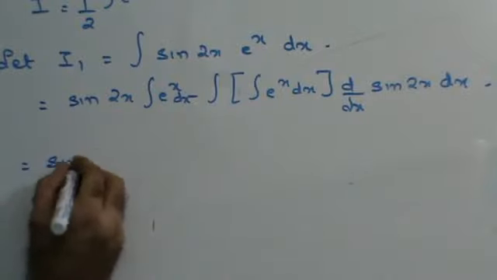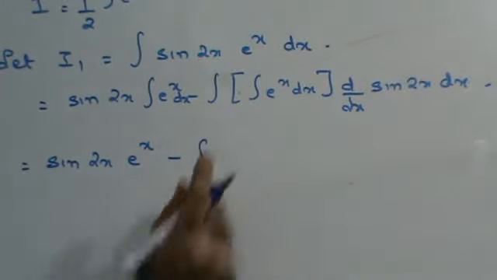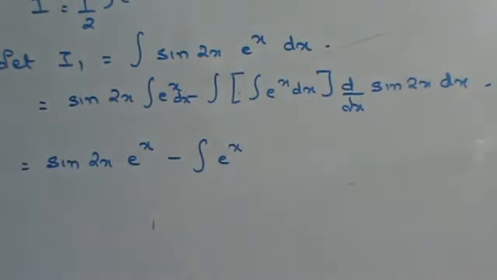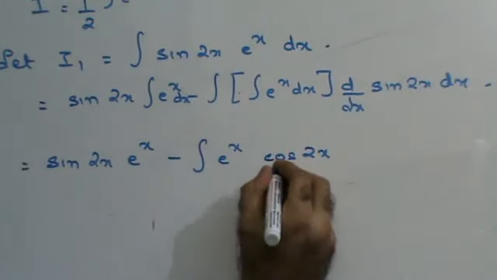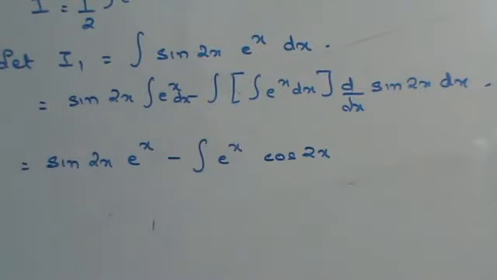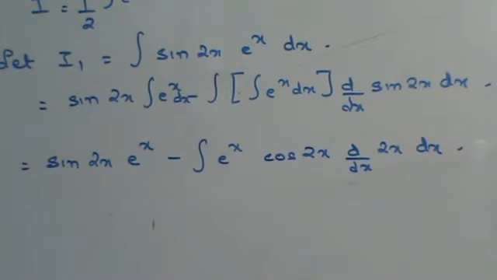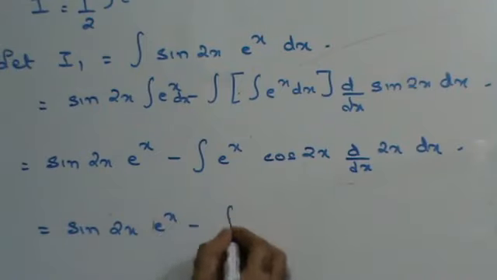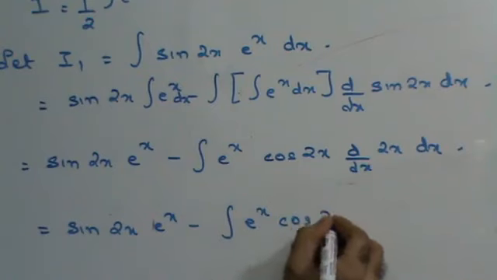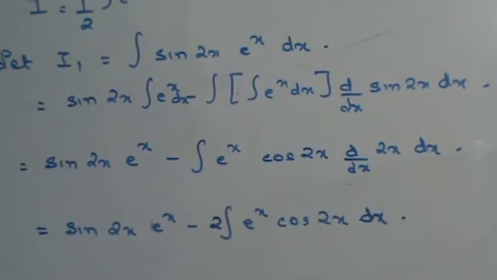This can be written as sin 2x integral of e raised to x, which is e raised to x, minus integral of e raised to x into the derivative of sin 2x, which is cos 2x into the derivative of 2x. This is sin 2x e raised to x minus integral of e raised to x cos 2x, and the derivative of 2x is 2, which is a constant which I am going to bring out, dx.